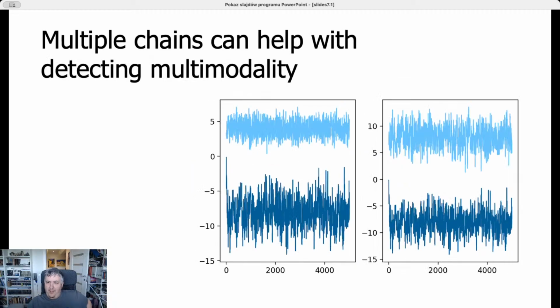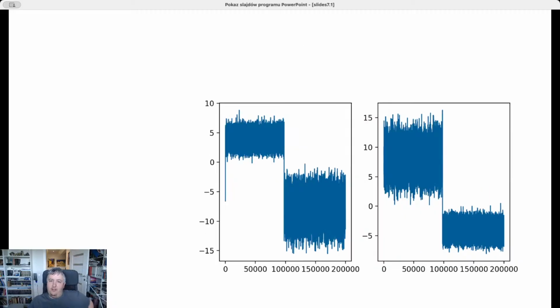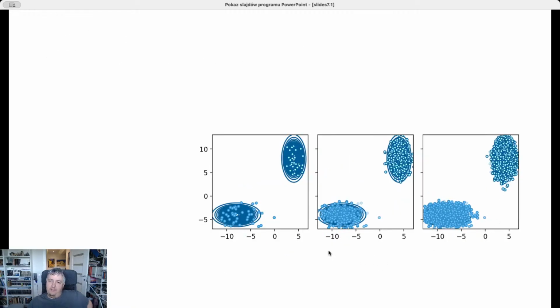Chains look okay, but chains show us that we have switched between two modes. You see, here we start in one mode and then we switch to another. So we have something like this.